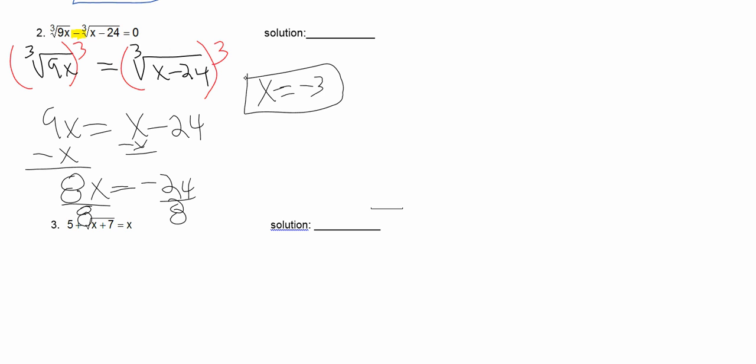And let's go ahead and verify that again. The cube root of 9 times negative 3 is going to be negative 27 on the left, and on the right we have negative 3 minus 24. Oops, that's a negative 3, sorry.